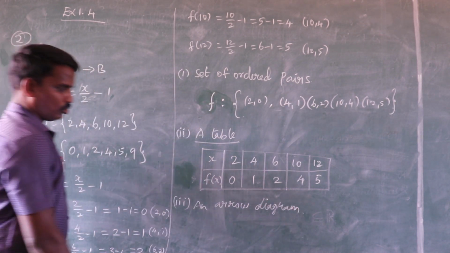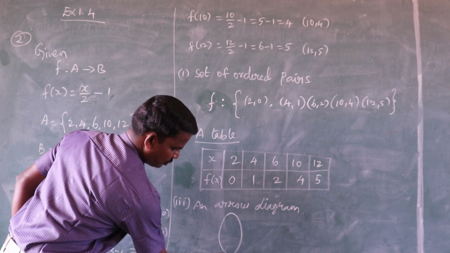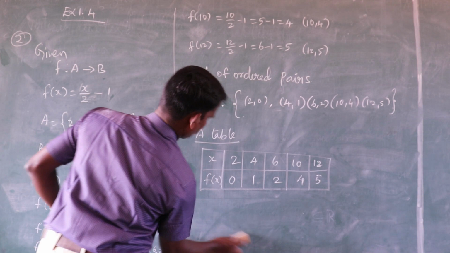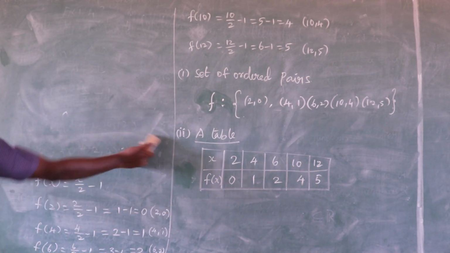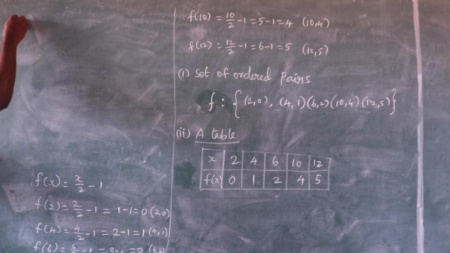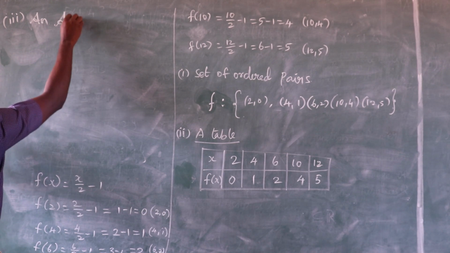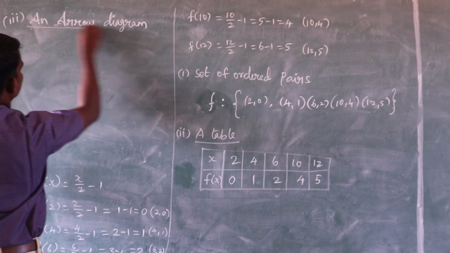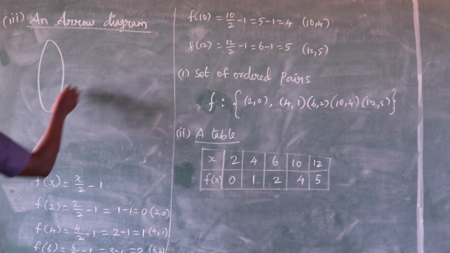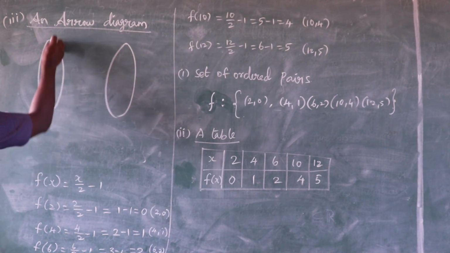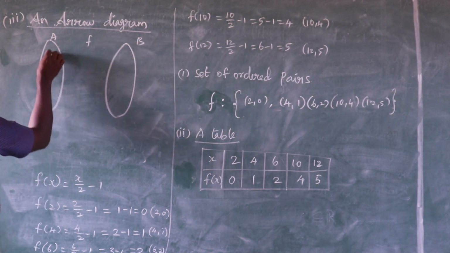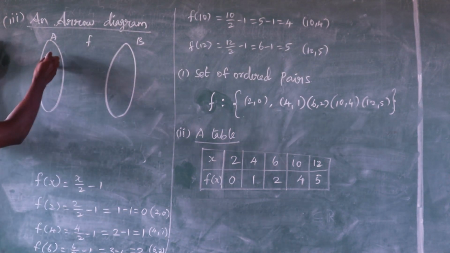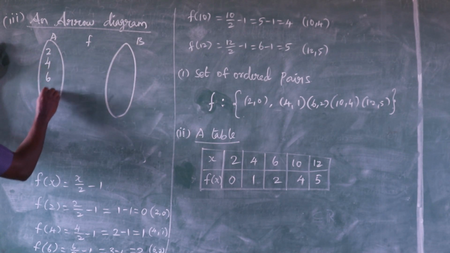An arrow diagram. You can draw the arrow diagram. Here I draw it. In the arrow diagram, we write the elements given in the question. In set A, given 2, 4, 6, 10 and 12.